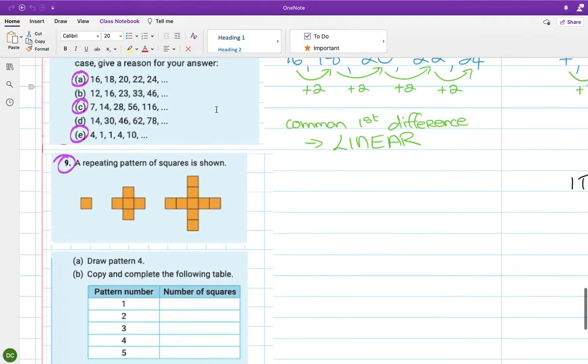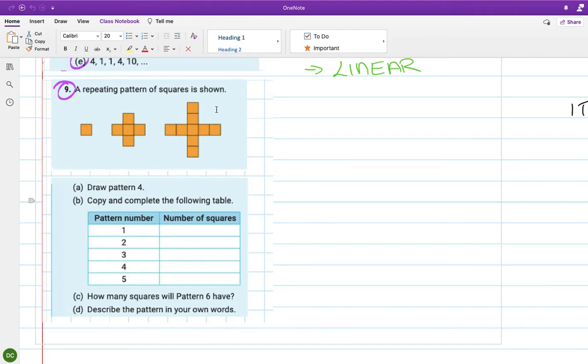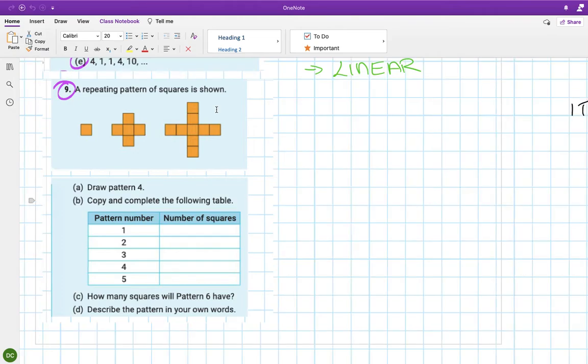Okay, and then here we have a repeating pattern of squares as shown. Draw the next pattern. I don't like doing this. Can I get some squares, I wonder? Okay, I'm going to use the squares to draw this. So this is going to be my one in the middle. And I need 3 up.